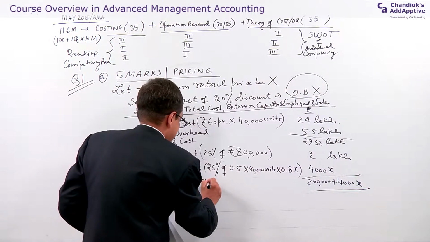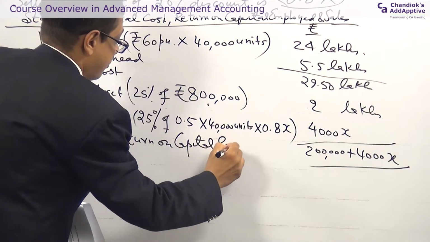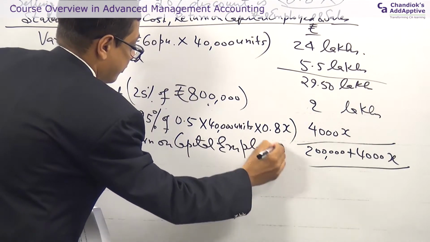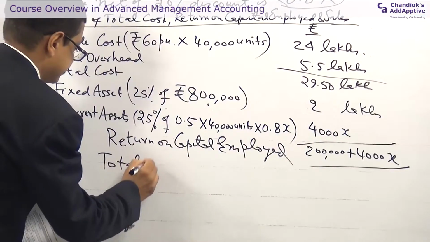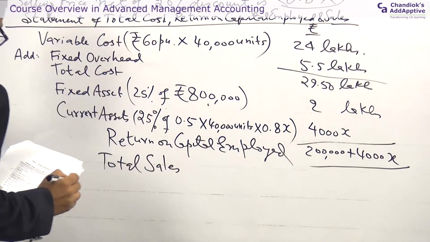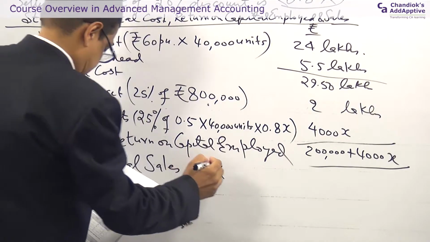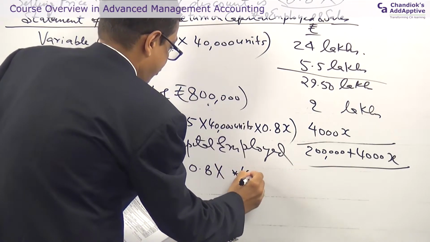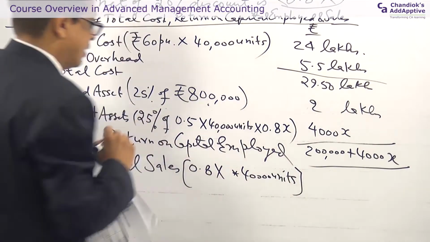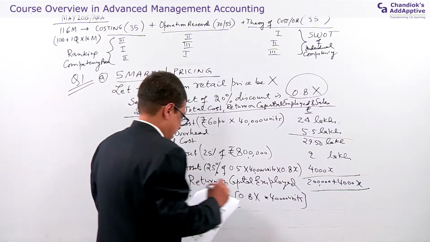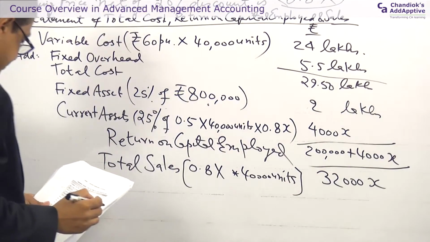Now, what is this? This is return on capital employed. Right? So, what is the total sales? The total sales is 0.8x multiplied by 40,000 units. The star sign is a multiplication sign. So this becomes 32,000x.